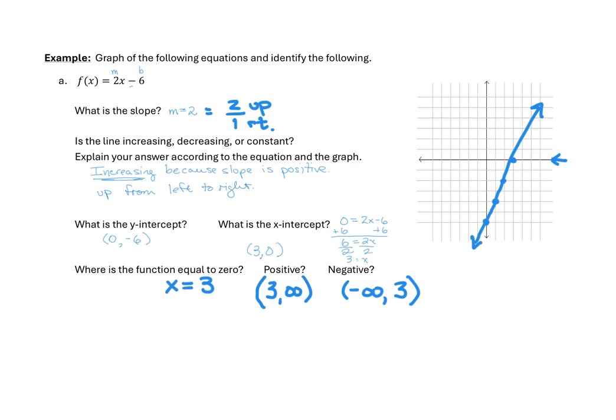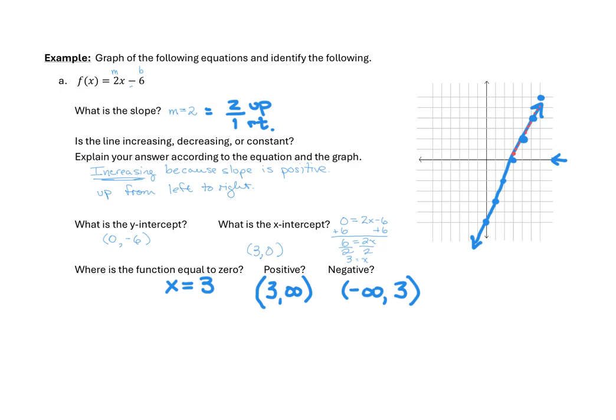We do not list them out because, for instance, we could say 4, 5, 6. We could do all these, but the problem is we also have all of these little values in between the nice numbers that we have to include as well. And remember, as I said when we talked about classifying numbers, we can't list them all out, and so that is why we use interval notation.